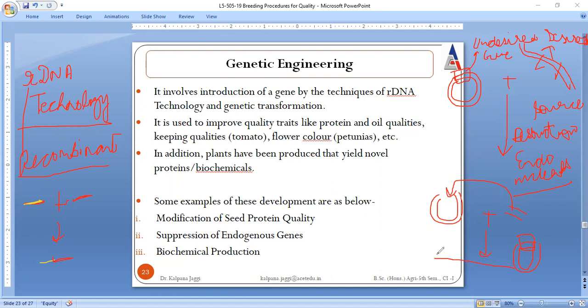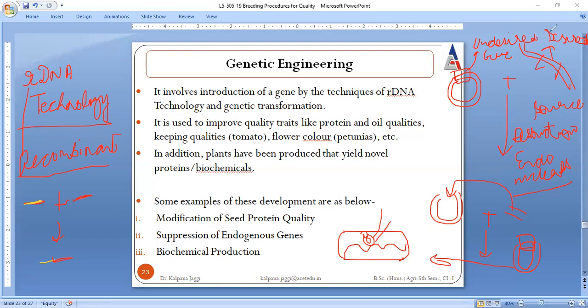It will now be transferred into the host, say E. coli. E. coli has its own genetic material, and when this enters, it will also carry the desired gene. It will use the genetic machinery of the host and start multiplying its number of copies. This is one of the ways we can transfer our desired gene to the host cell.